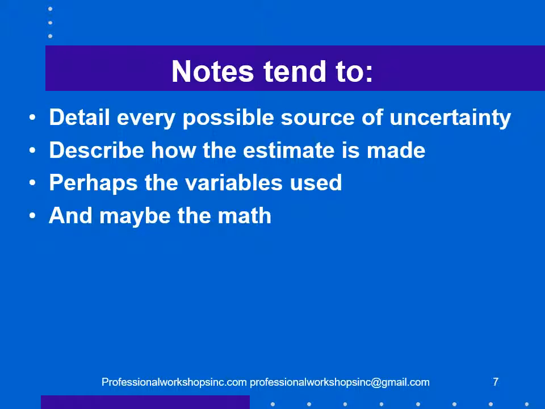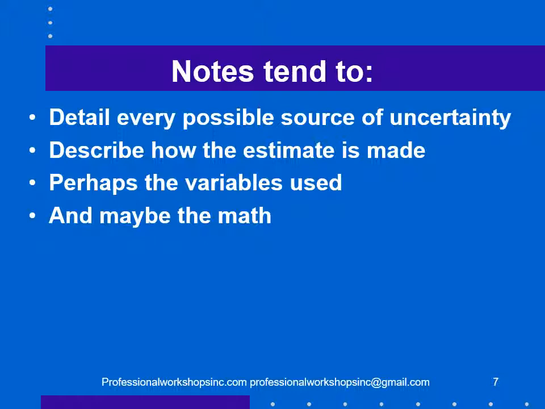Now, what you will find if you read public company financial statements, the notes tend to detail every possible source of uncertainty. They describe in general terms, sometimes more specific, how the estimate is made. Perhaps, say you're using Black-Scholes to value something, they will describe the variables used. We have this interest rate, we base this interest rate on this theory, prime plus something or other. And maybe then that'll allow you to reperform the math.